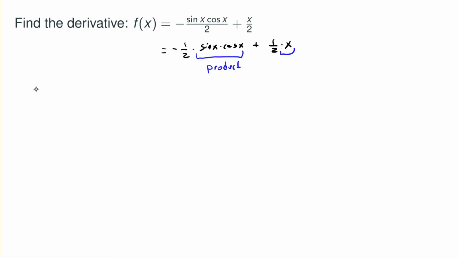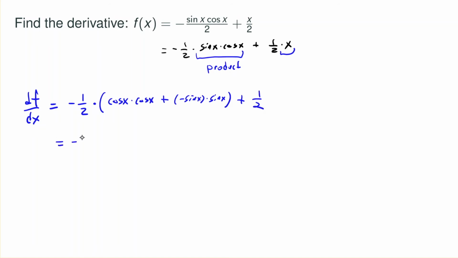So let's take the derivative. So df dx equals negative half times, let's see, by product rule, derivative of sine, which is cosine, times cosine x, plus derivative of cosine, which is negative sine x, multiplied by just sine x, plus derivative of half times x is just half.